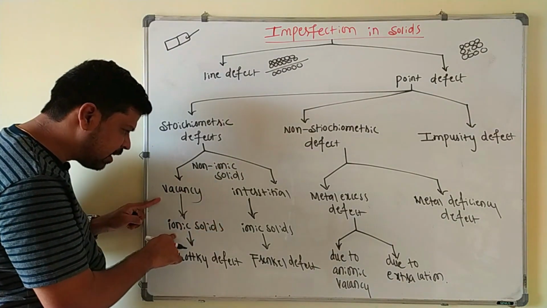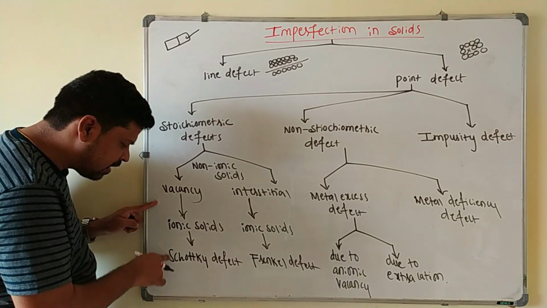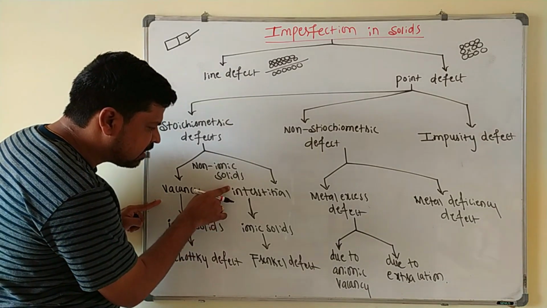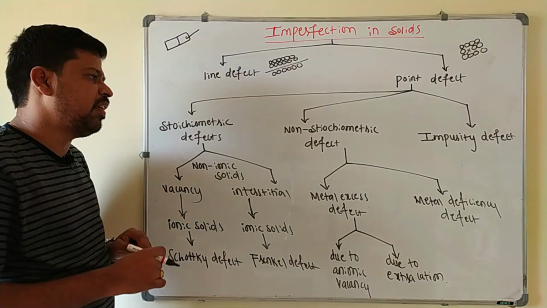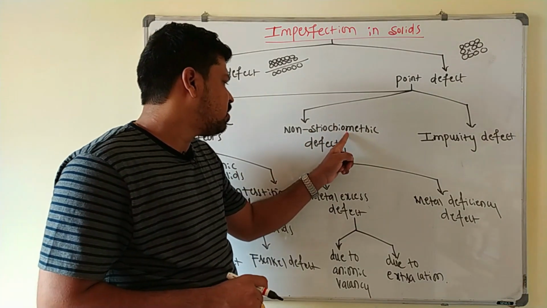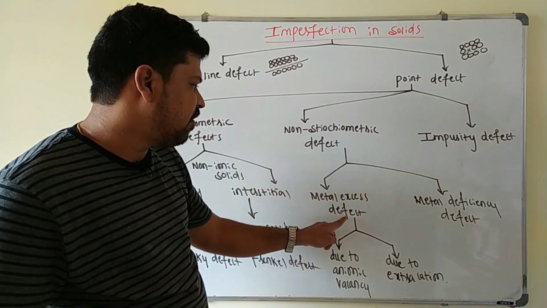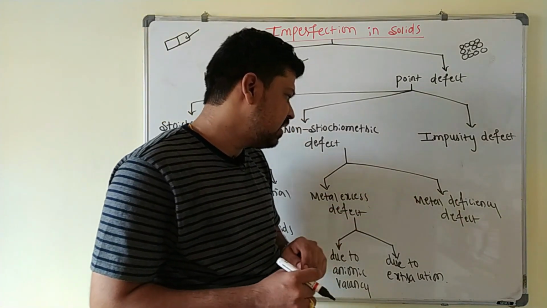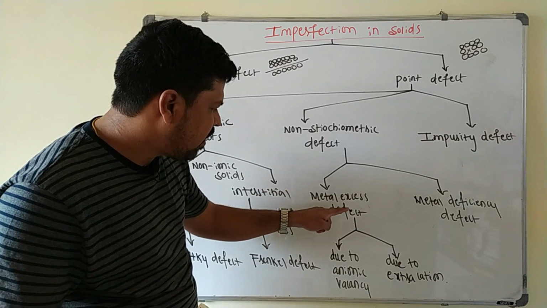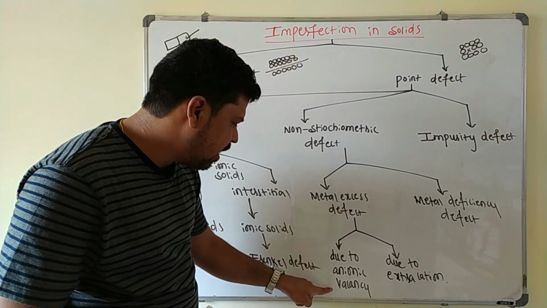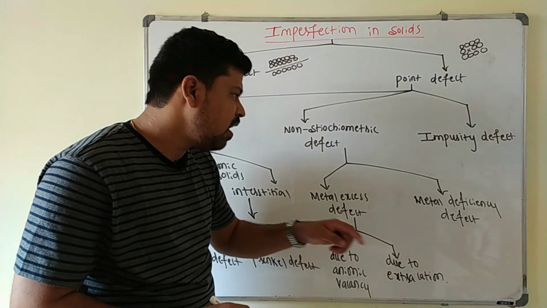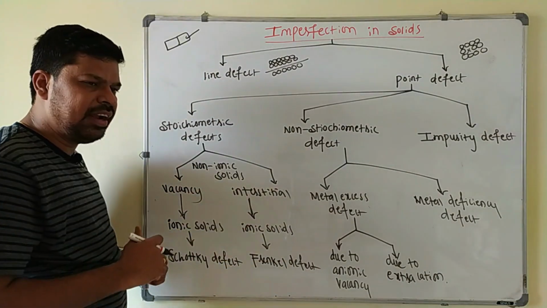The same defects in ionic solids: vacancy defect is called Schottky defect and interstitial defect is called Frenkel defect. Next, non-stoichiometric defects. In this there are two types, metal excess defect and metal deficiency defect. In the metal excess defect there are two types, due to anionic vacancy and due to extra cation. Now we will study one by one in detail.